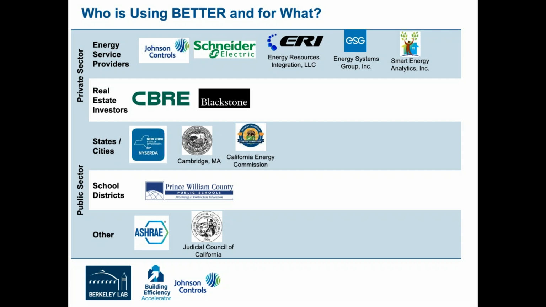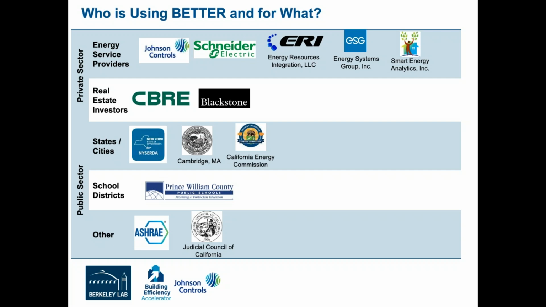We've also brought on board some real estate investment companies, CB Richard Ellis, which is the world's largest commercial real estate company, and also Blackstone, which manages the world's largest real estate portfolio in terms of, I think they've got more than $300 billion of real estate assets under management.